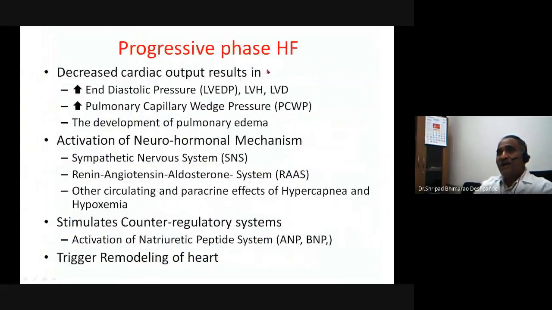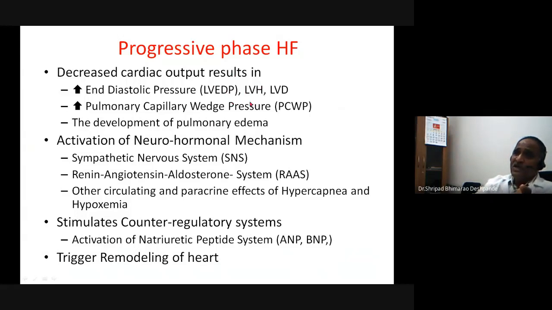Now, looking back, how this progressive phase of heart failure happens, let us try to understand this phenomenon. One, decreased cardiac output results in increased left ventricular end diastolic pressure. Because of the decreased output, the end diastolic volume remains and the end diastolic pressure increases.